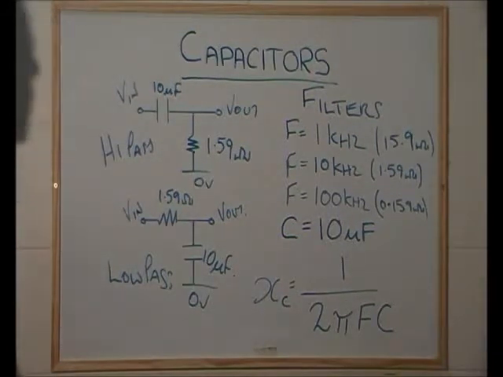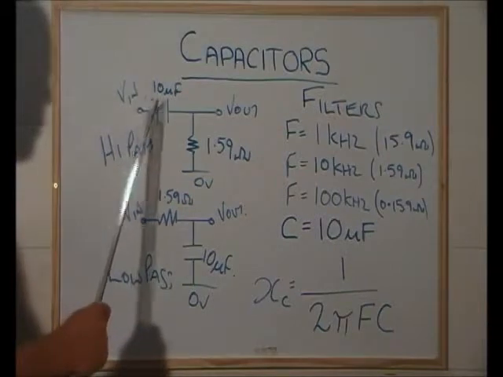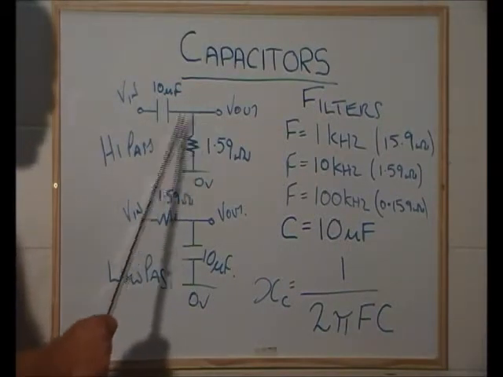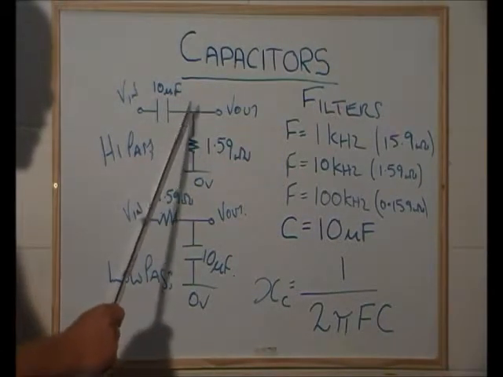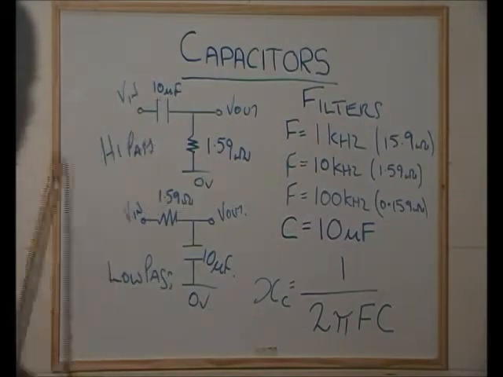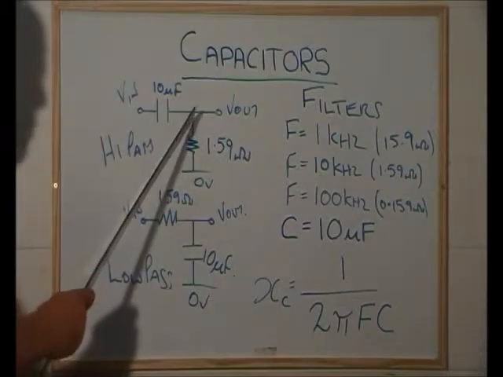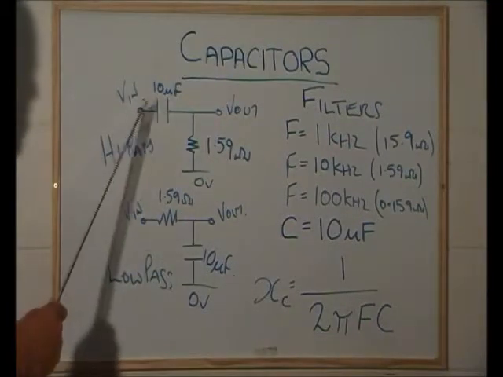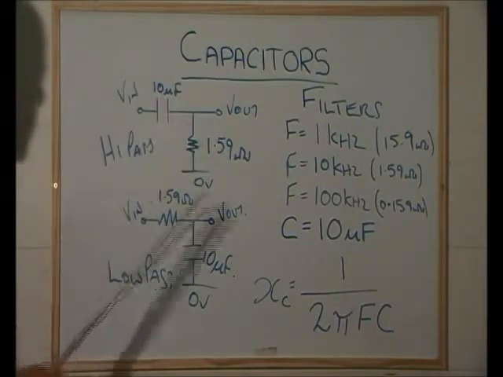Sound familiar? We have an equal voltage divider, 1.59 with 1.59, so we'll get exactly half of what V in is. If it was 10 volts peak to peak, we'll get 5 volts peak to peak out. So it's a simple voltage divider circuit, equal values.